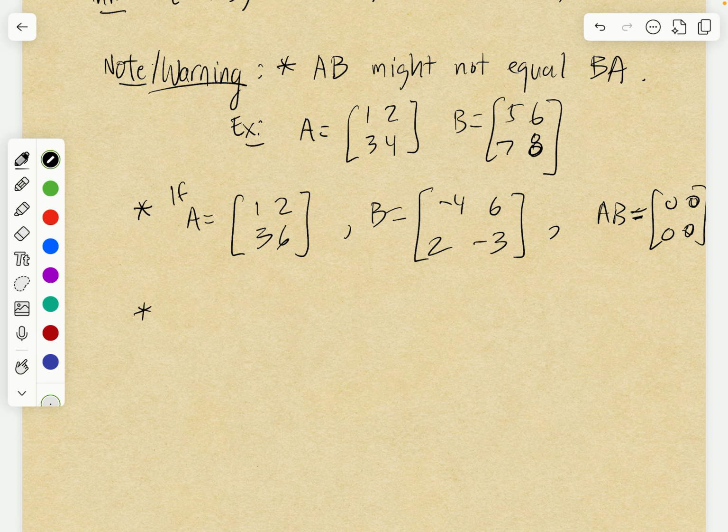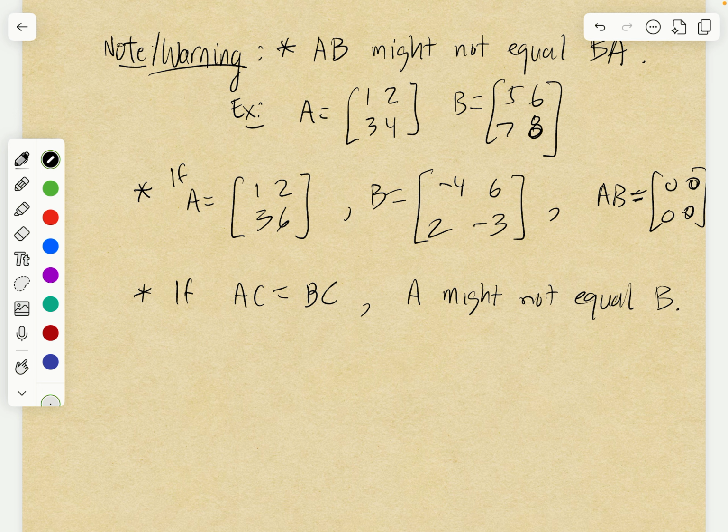And another thing is that you can't necessarily cancel. So if A times C equals B times C, A might not necessarily equal B. And we can actually just use the example that we had before.